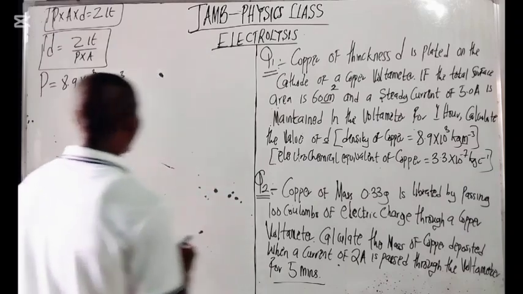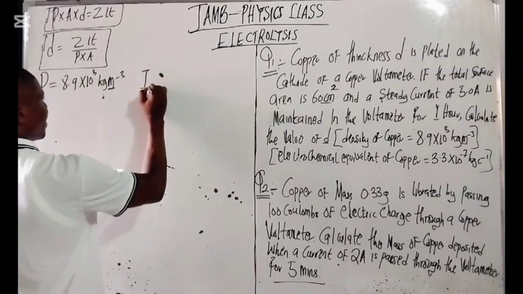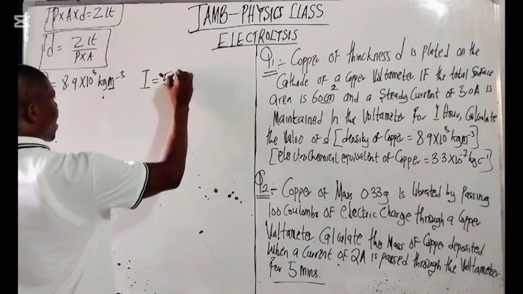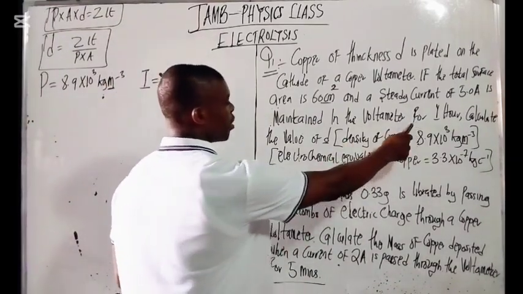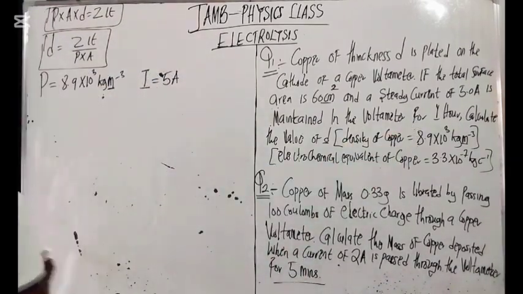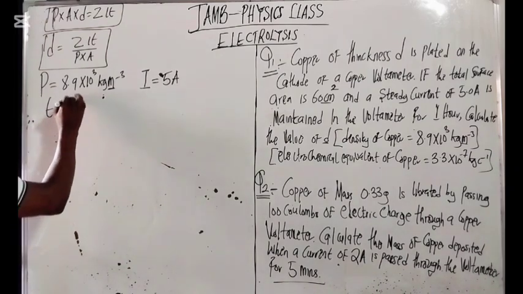My current, which is I, is 5 amperes. The voltameter is maintained for 1 hour, so my time is 1 hour.